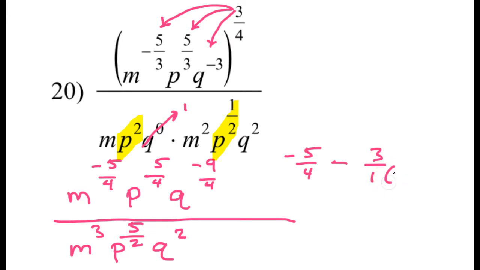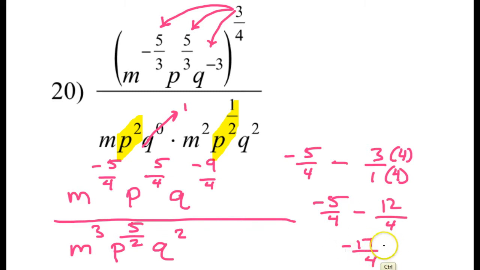Let's turn these both into 4s. I can just multiply by 4. So this will be negative 5 over 4 minus 12 over 4. So that's going to be negative 17 over 4. So I will have m to the negative 17 fourths power.